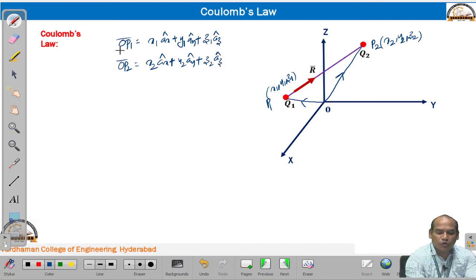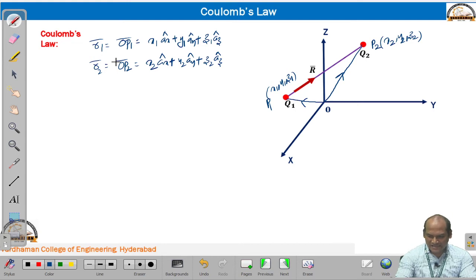Now, this op1 bar I am taking as R1 bar, and op2 bar I am taking as R2 bar. Now, if you observe here, 3 vectors are involved. One is R1 bar, the second is R2 bar, and the third is the distance vector which is joining the 2 point charges Q1 and Q2, that is R12 bar or R bar, whatever it may be. But if you observe one thing, the head of the vector R1 bar is connected to the tail of the vector R12 bar.